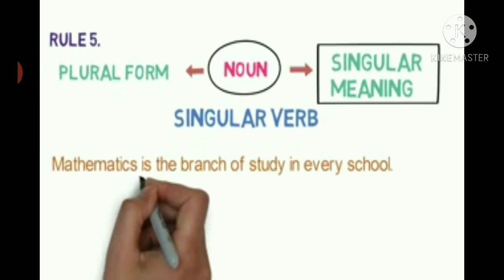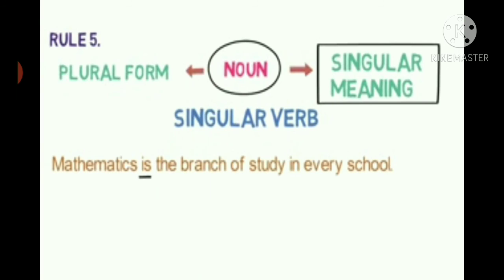See the example. Mathematics is the branch of study in every school. Now, mathematics is in the form of plural, but actually it represents a singular noun. So, for that, we have to use singular verb.